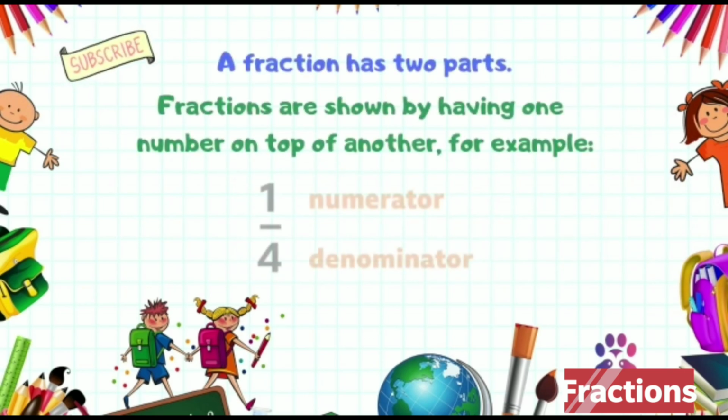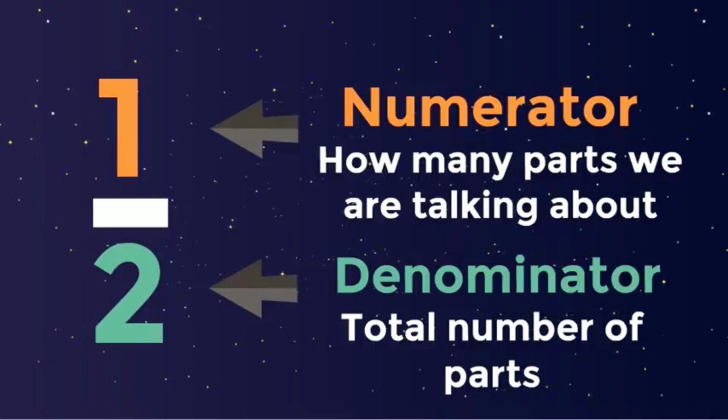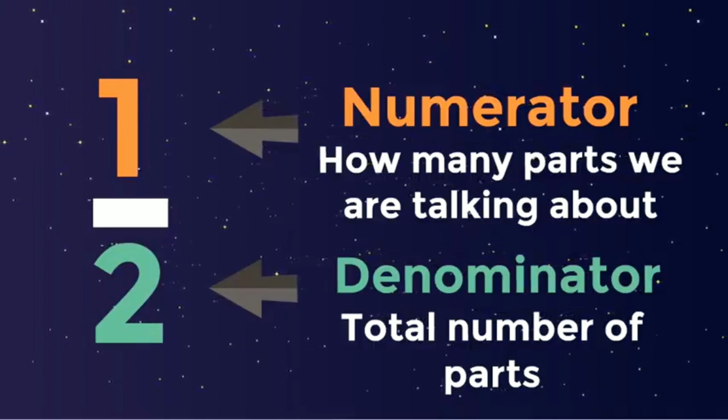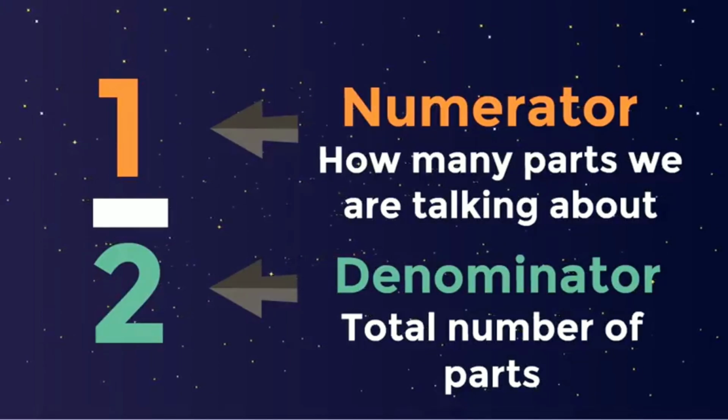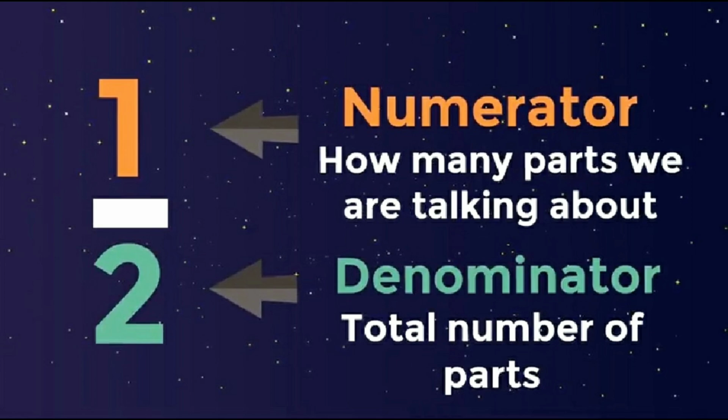Now, a fraction has two parts. Fractions are shown by having one number on top of another. For example, 1/4, here 1 is numerator and 4 is denominator. Let's look at this example. This is 1/2. This fraction is called 1/2.